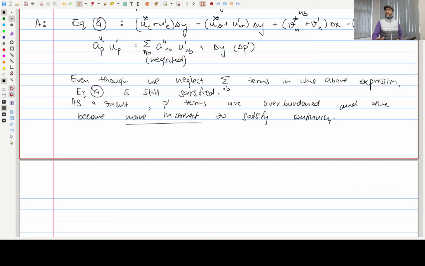We are just discussing the fact that this method results in P primes which are more incorrect than U primes and V primes are. U primes and V primes are closer to the correct values than P primes, because P primes had to overcompensate to ensure that our U primes and V primes satisfy equation number 4.